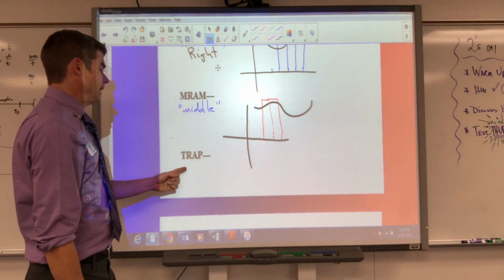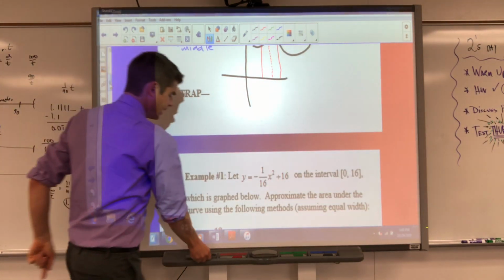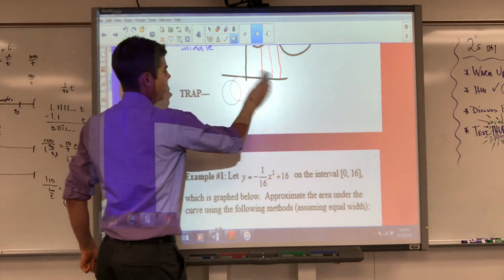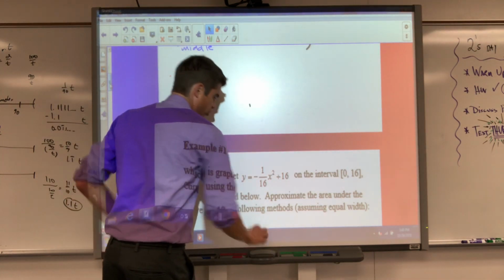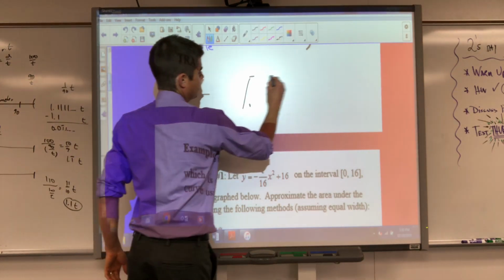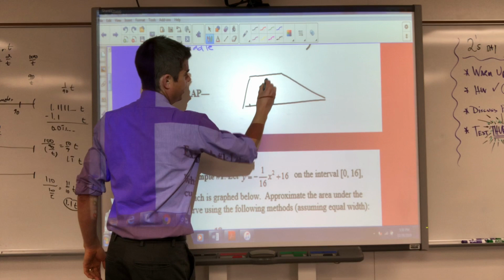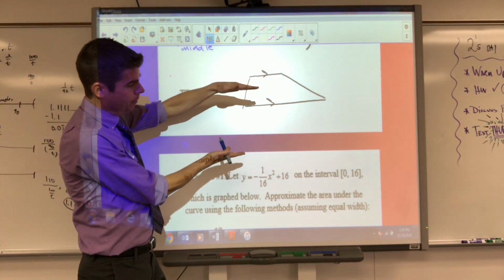And then the last one, trapezoid. So trapezoid sort of is like a midpoint, except you actually use both heights and then connect them. Normally when we think of trapezoids from geometry, we think about our trapezoids like this, right? Our parallel bases are the top and the bottom.